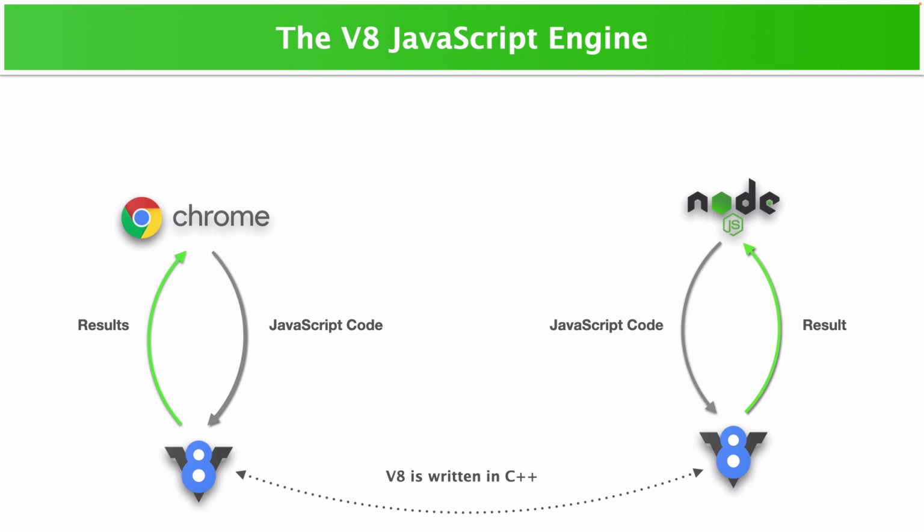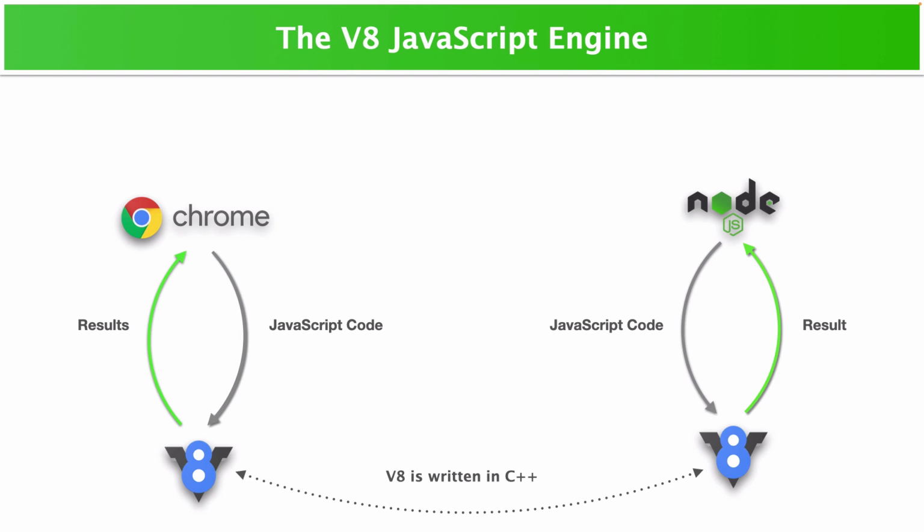The reason that both Chrome and Node use so much C++ is that they are both providing bindings when they are instantiating the V8 engine. This is what allows them to create their own JavaScript runtime with interesting and novel features.